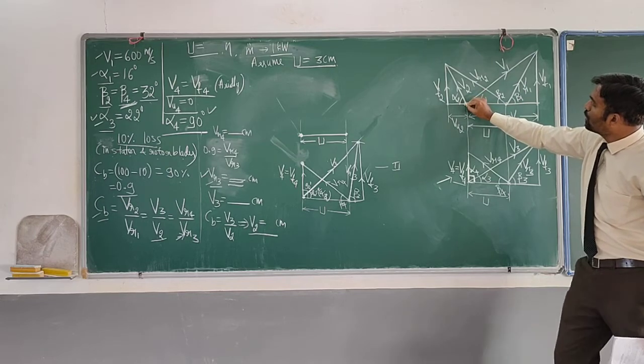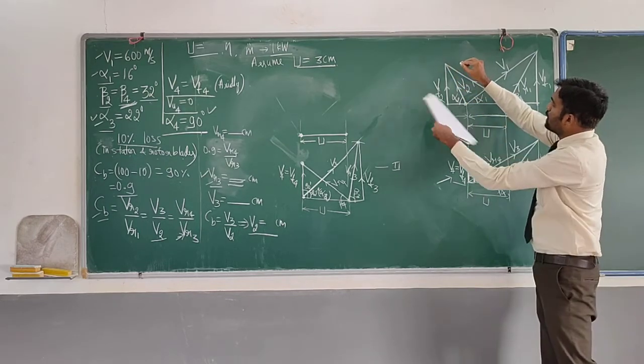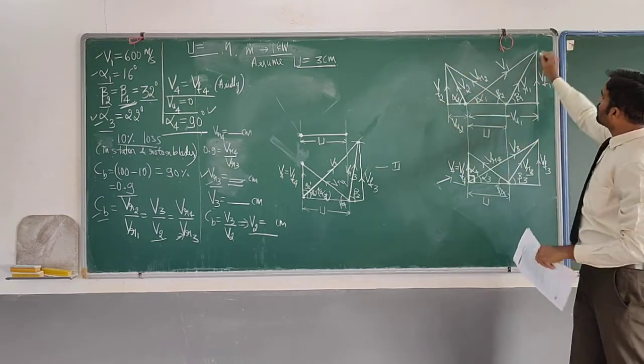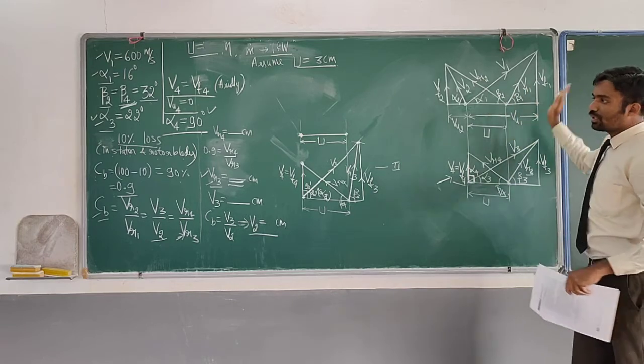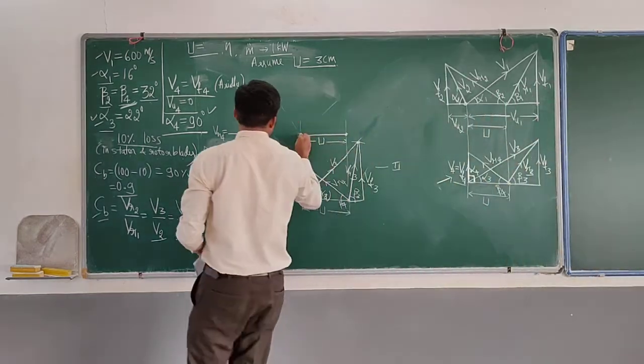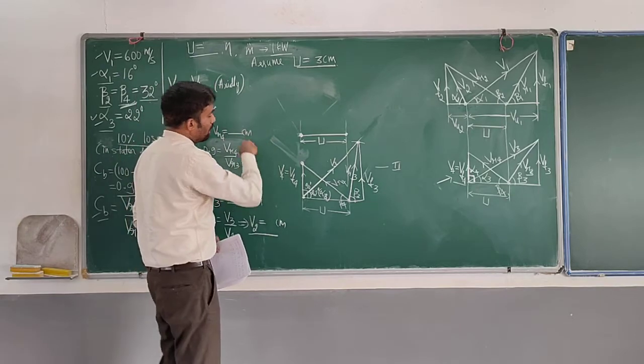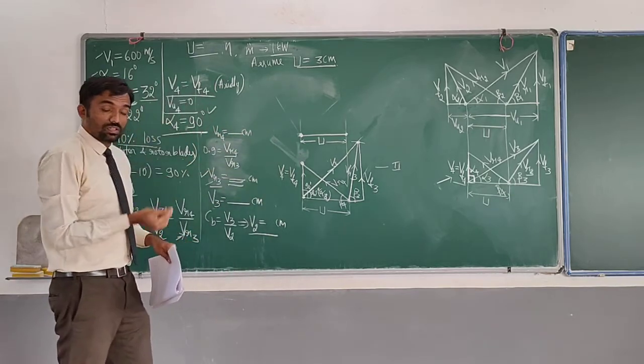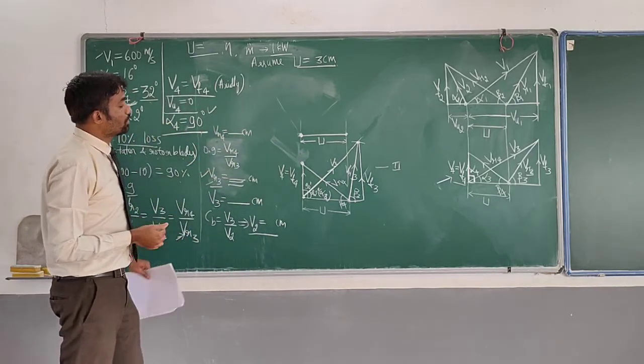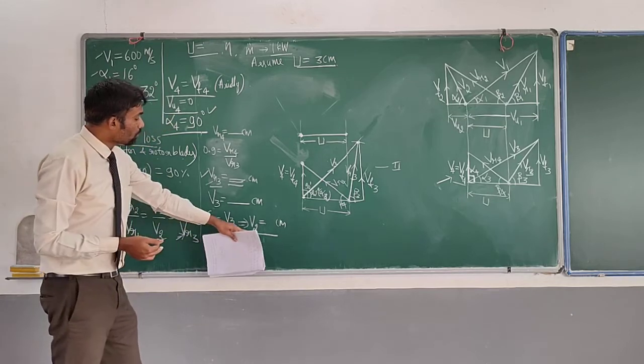From this point of view, V2 is towards the left side. Here I am completing the exit velocity triangle, or outlet velocity triangle, in the first stage. So I know the length V2.